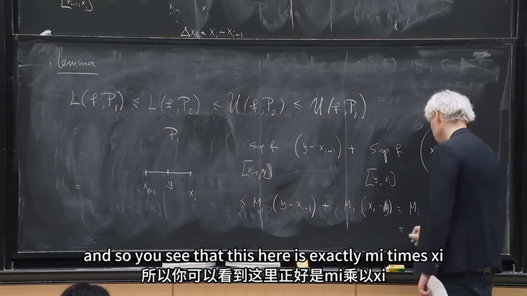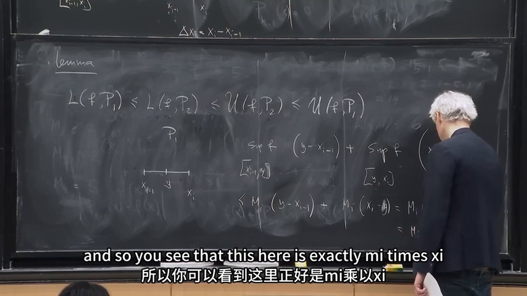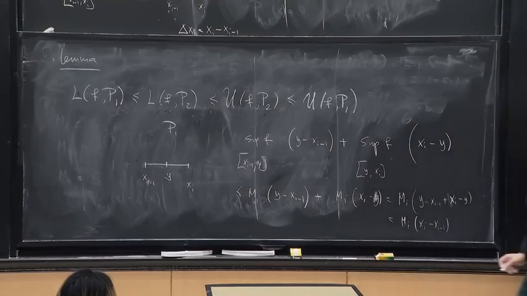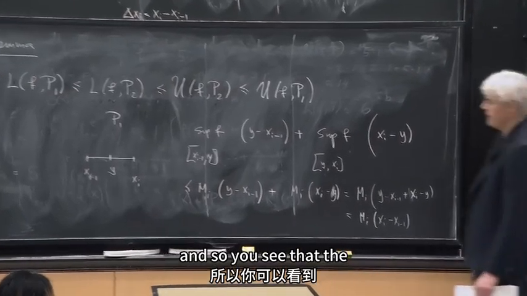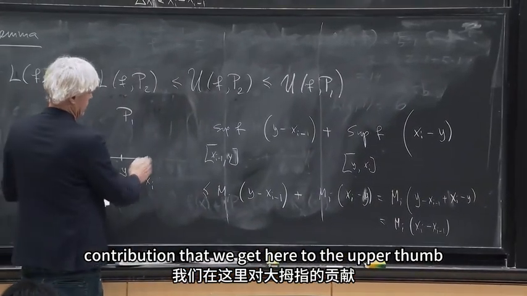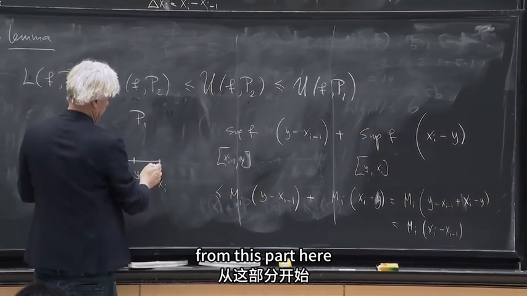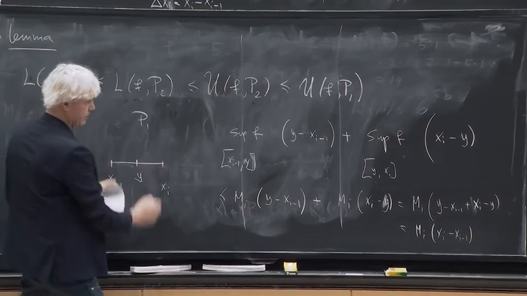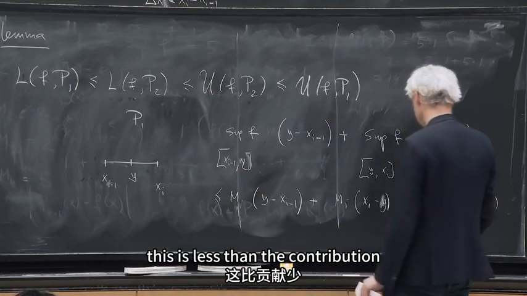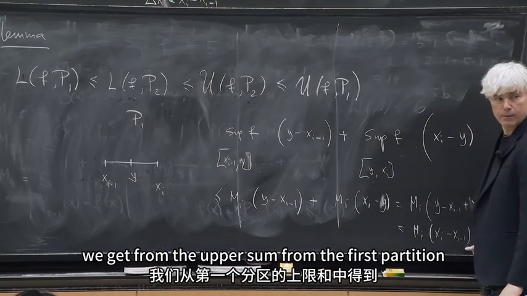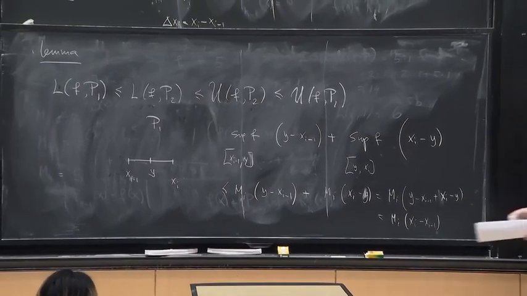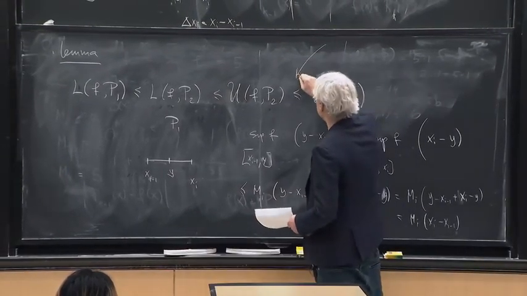And so you see that this is exactly M_i times x_i minus x_{i-1}. And so the contribution that we get to the upper sum from this part, those two things, is less than the contribution we get to the upper sum from the first partition. And so this proves this inequality here.